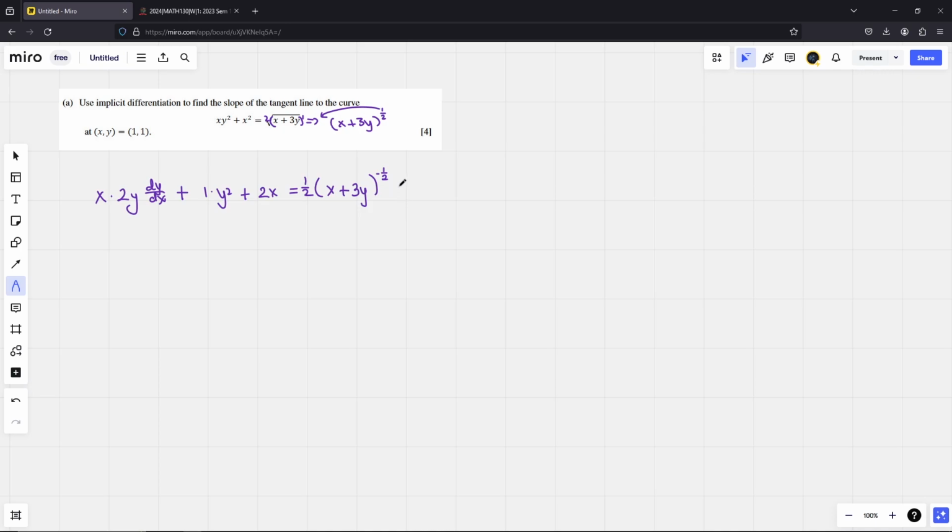And by chain rule, I'm going to multiply by what's inside the bracket. So taking the derivative of x plus 3y, the derivative of x is just going to be 1, and the derivative of 3y is going to be 3 multiplied by dy by dx.